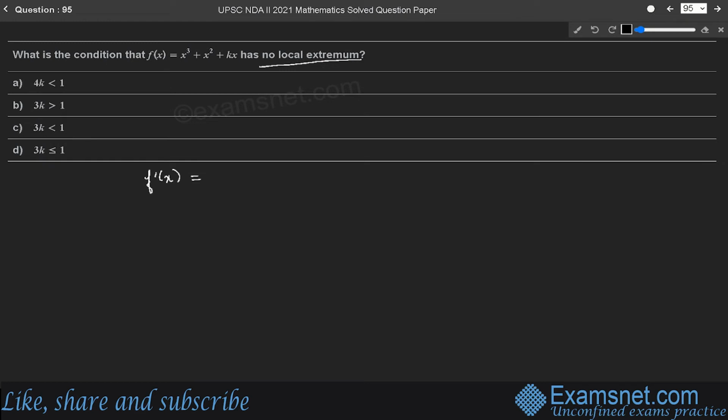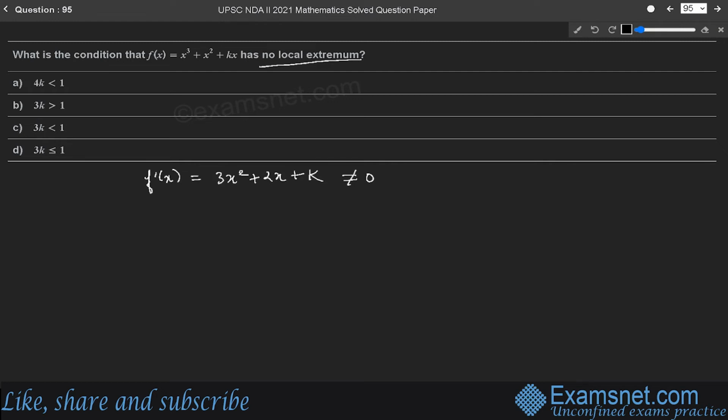F dash x will be equal to 3x square plus 2x plus k. And here f dash x will not be equal to 0, because f dash x is 0 when there exists some local minima or local maxima, but in the question it is very clear that there is no local minima or local maxima.